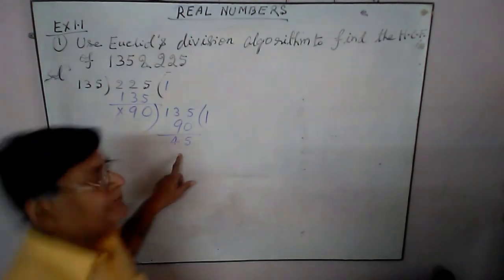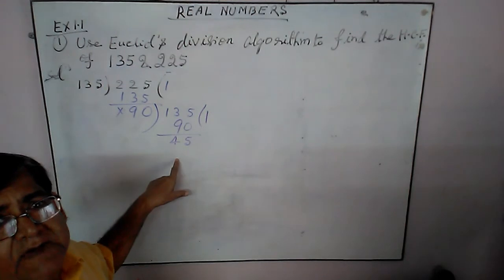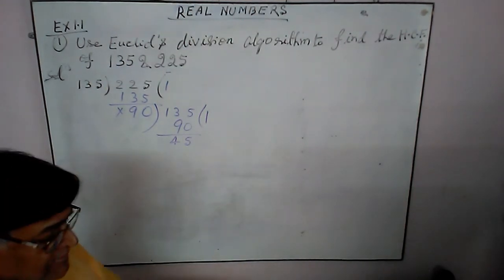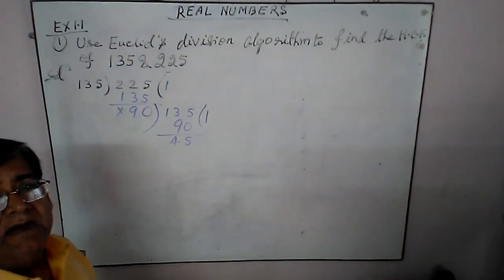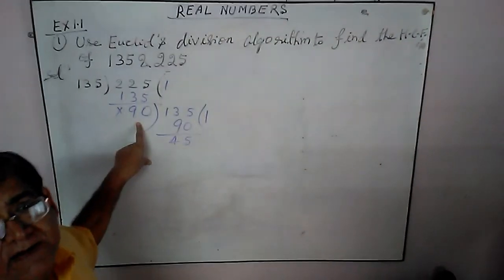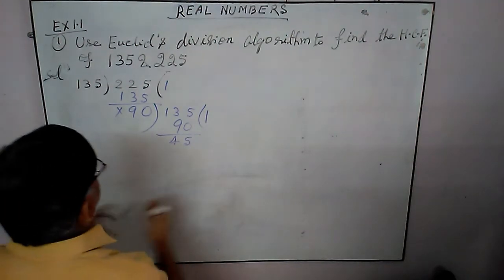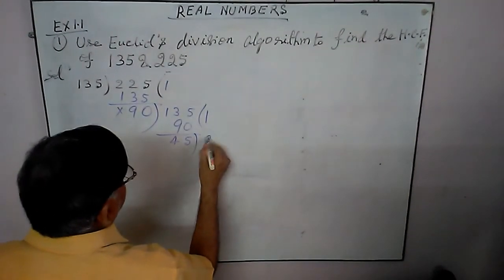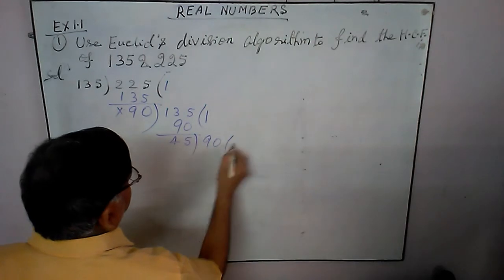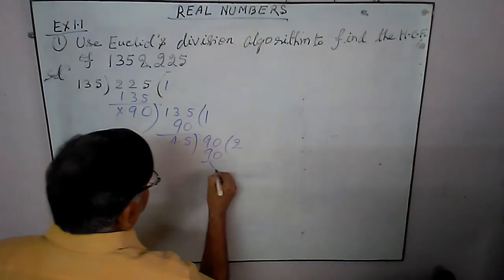Now the remainder is 45, which means 45 is your new divisor and the new dividend will be 90. So I start by dividing 90 by 45. It will go 2 times, 2 times 45 is 90.